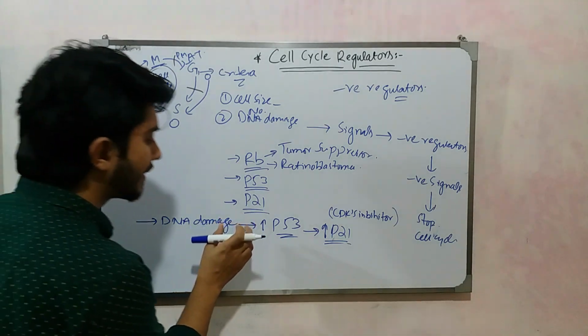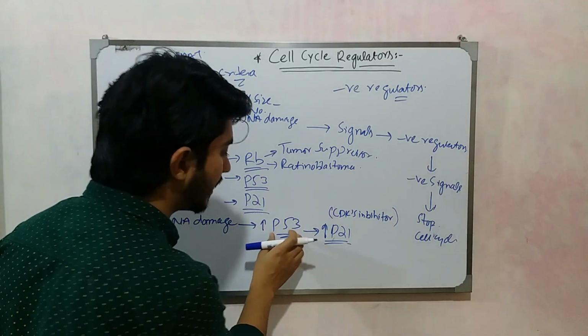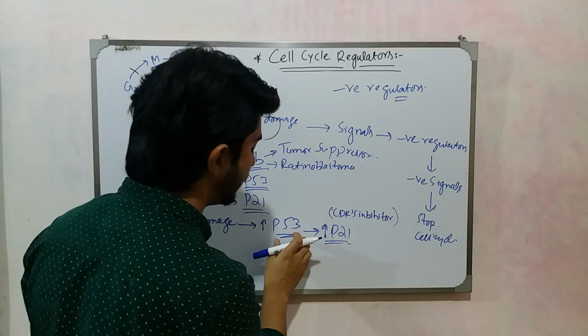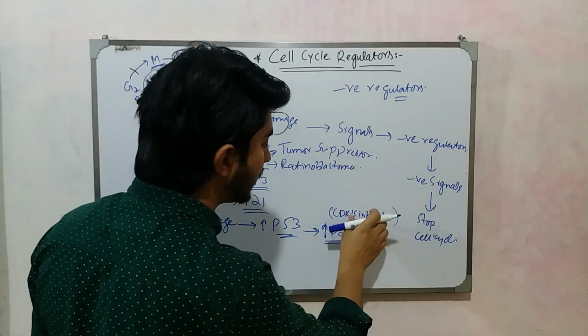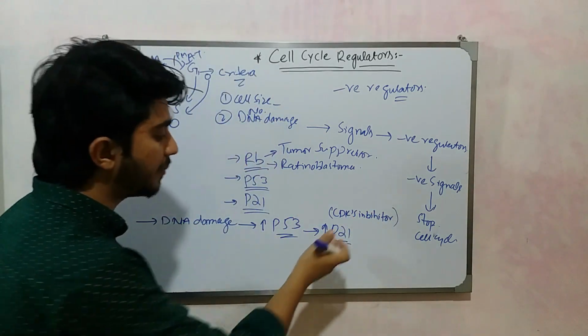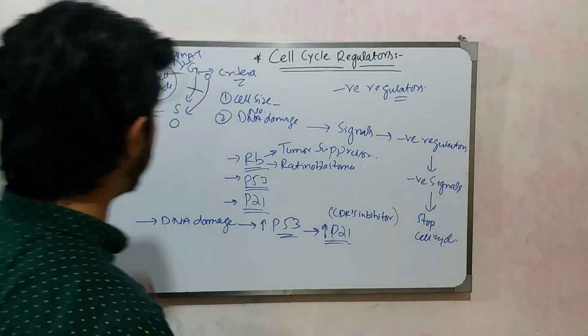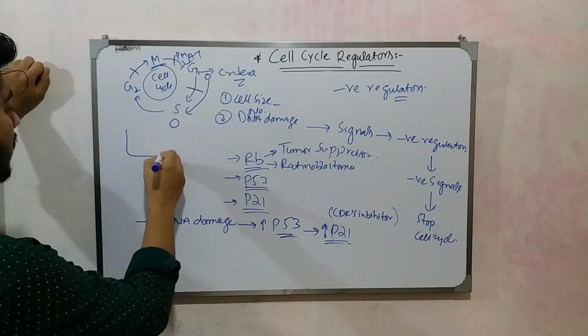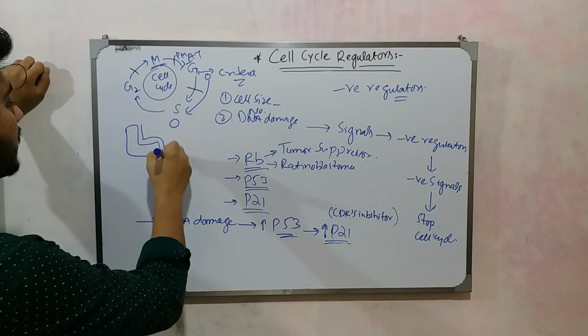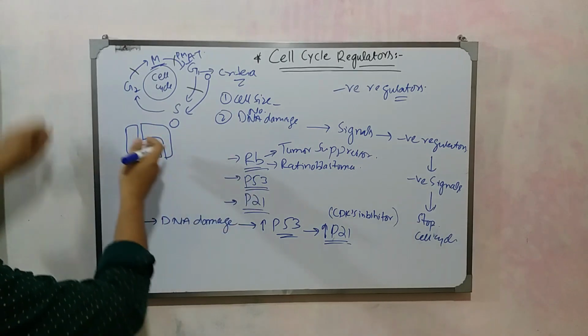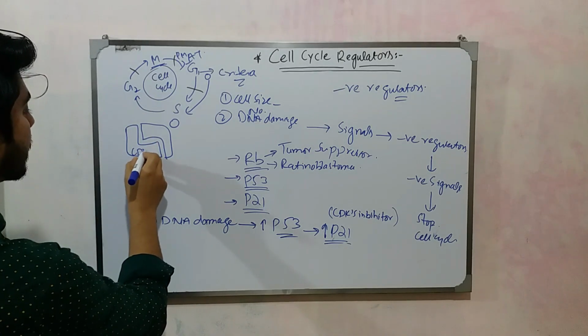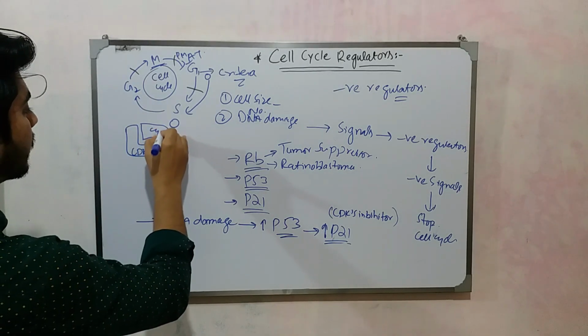DNA damage sends signals, and this causes the activation of P53, and P53 also causes the activation of the CDK inhibitor. P21 is a type of CDK inhibitor. What will happen here? This is the complex I talked about in the previous video, the CDK and the cyclin.